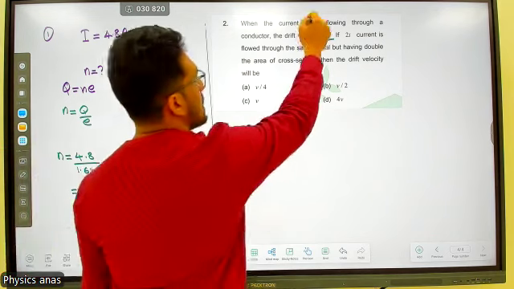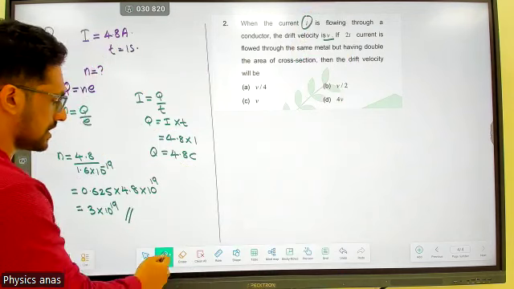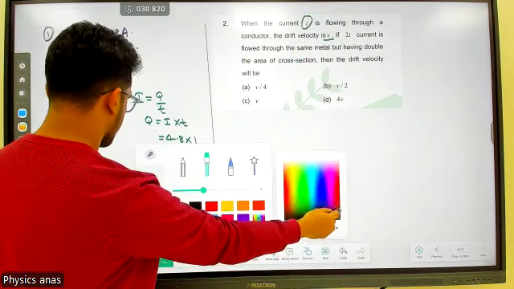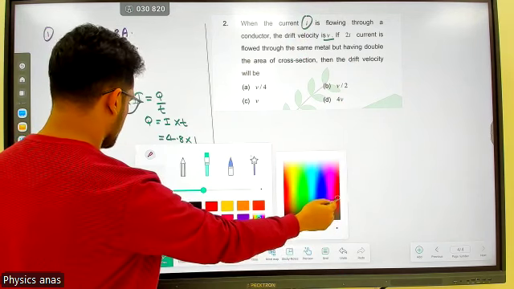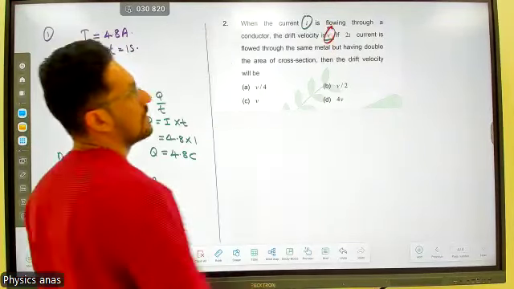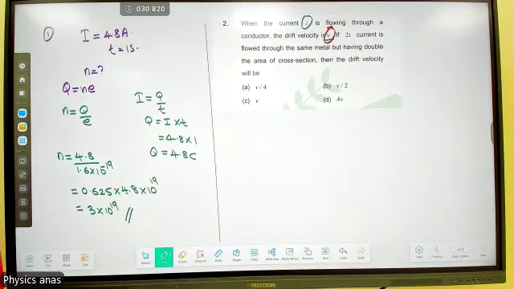Current I is flowing through a conductor. Drift velocity is v. If the same current is flowing, which equation will you be using?